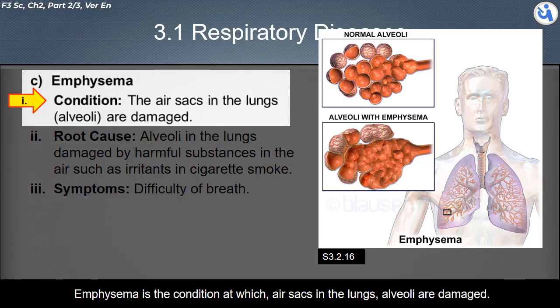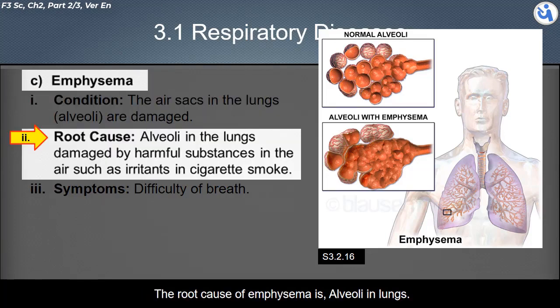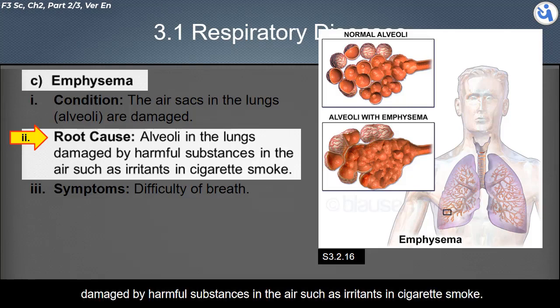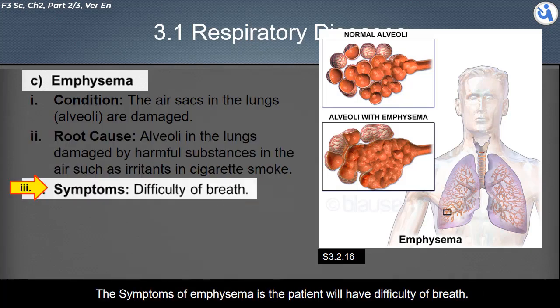Emphysema is the condition in which the air sacs in the lungs, the alveoli, are damaged. The root cause of emphysema is alveoli in the lungs damaged by harmful substances in the air, such as irritants in cigarette smoke. The symptom of emphysema is that the patient will have difficulty in breathing.